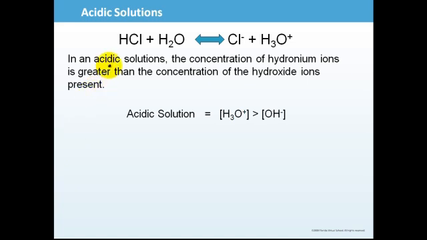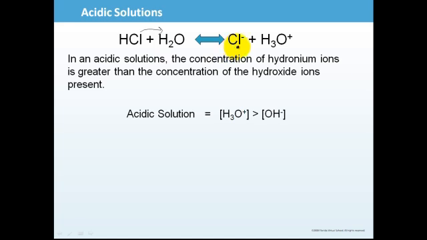Okay, so let's say we take HCl, hydrochloric acid, and we add that to our water. Again, the acid will donate hydrogen to the base. So again, we already know HCl is an acid. It's going to donate hydrogen to the H2O, so in this case the water is acting as a base.